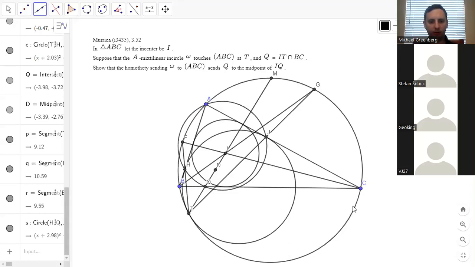Can we do an angle chase somehow? Yeah, how do we use that D as the midpoint of IQ? Okay, so we want to show HQ is parallel to FD.